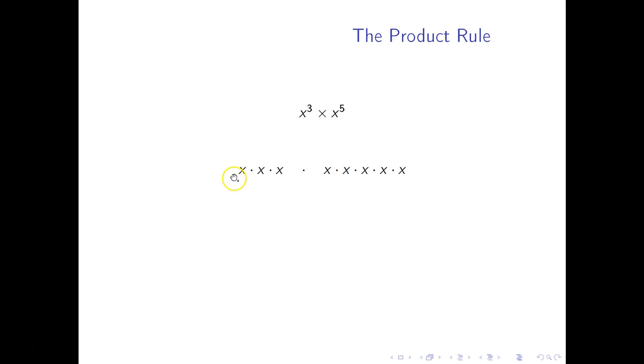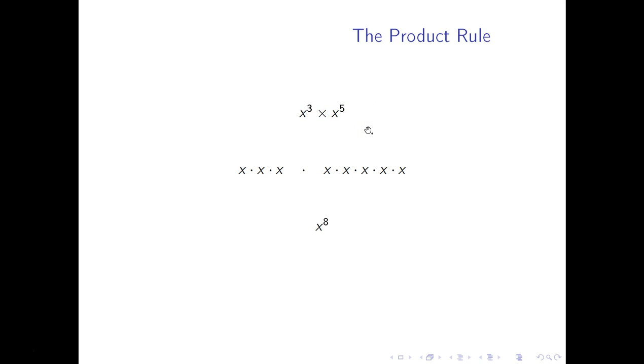Notice x to the 3rd, I can break it up into these 3 parts. X to the 5th, I can break into these 5 parts. Okay, notice I have a bunch of x's times a bunch of x's. So how many x's am I multiplying together? Hopefully you said 8. Well, notice, what is 3 plus 5?